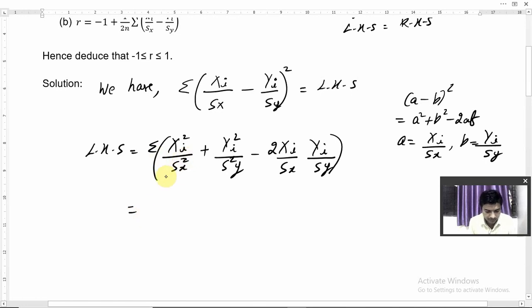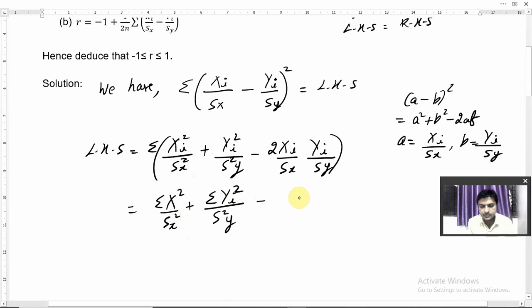What will we get for the summation? Wherever the variables are there we will get the summation; x and y are the variables, while sx and sy are standard deviations. So I'll take summation xi square divided by sx square as it is, plus summation yi square divided by sy square.